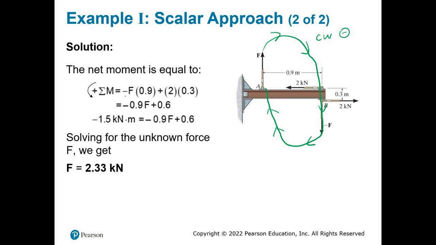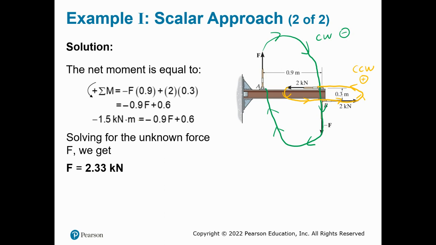So that's why you have negative F times the distance between them, which is 0.9. And then for the other one, 2 kilonewton, I will do a similar thing, making a loop with them and following the direction of that arrow. This is going to be counterclockwise, meaning this 2 kilonewton is going to be a positive moment because it's trying to rotate counterclockwise.